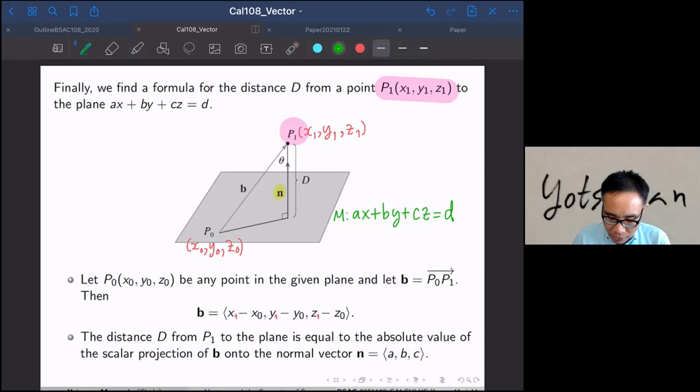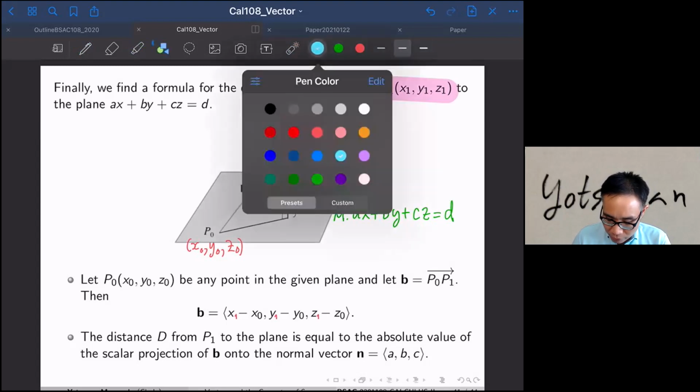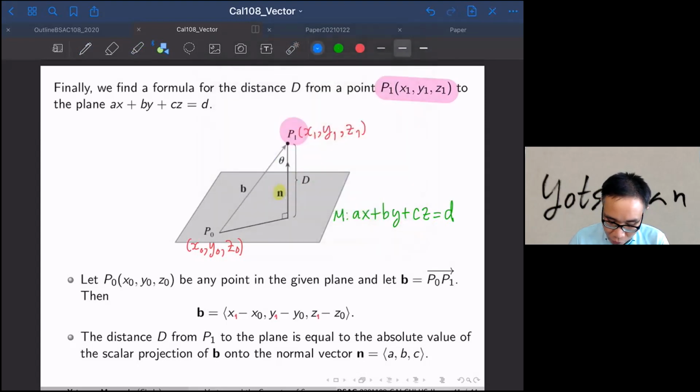I'm going to make the vector P0P1 a little bit darker so you'll be able to see it better. I think this color should be okay. So if you draw P0P1, you see the blue vector.